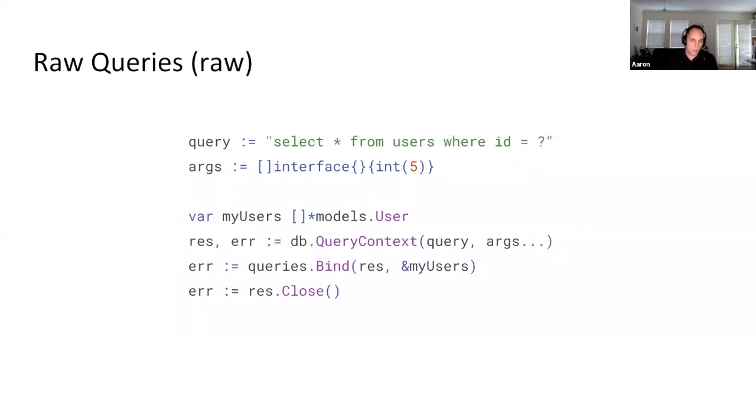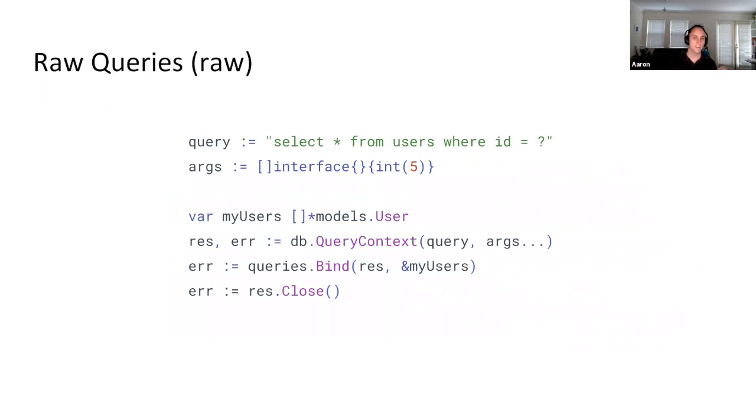And then the rawest of the raw queries is where you only use bind. Like I said, this is very SQLX. So you see, we've got models.user. We have to create our own data structure. Query context is just the normal standard library way of doing things, right? So you're actually executing that query without SQLBoiler being involved at all.